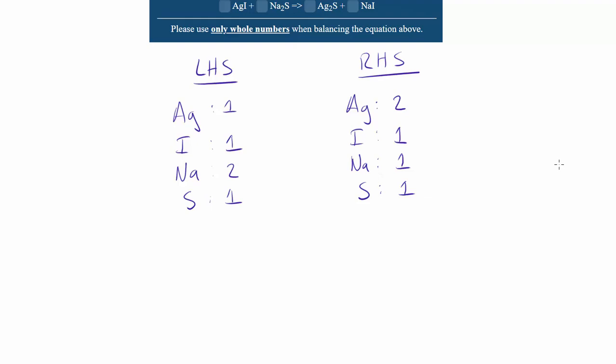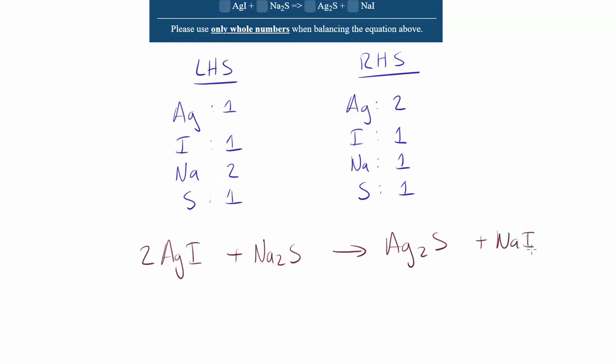I'm going to use a different color for this. So if you put here 2 AgI plus Na₂S, and then that produces Ag₂S plus NaI, right?